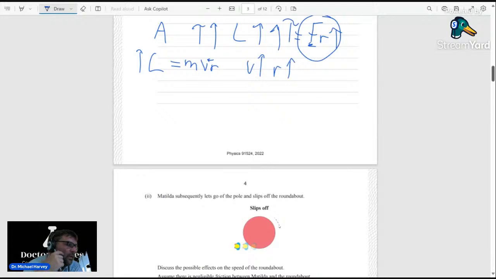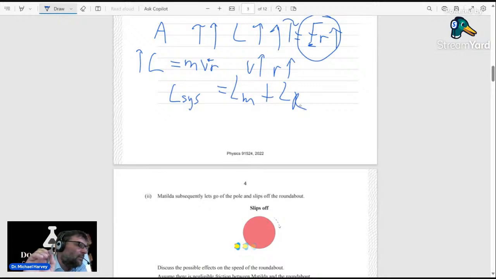So the angular momentum of the system is the angular momentum of Matilda plus the roundabout. So the roundabout's momentum doesn't change, because it's being conserved. That's conservation, and that's where you get your excellence from. So you could write that out or use equations.